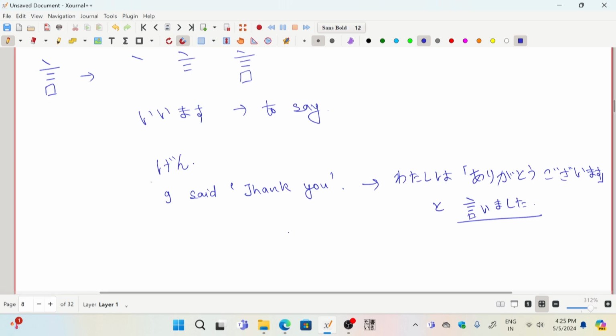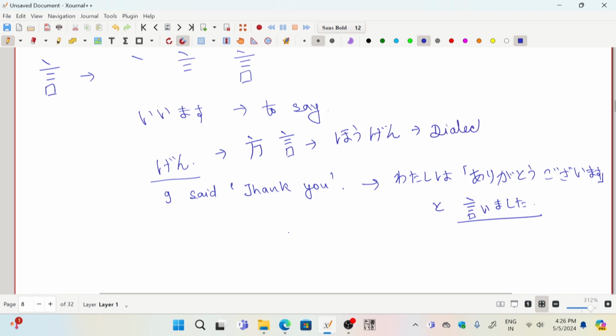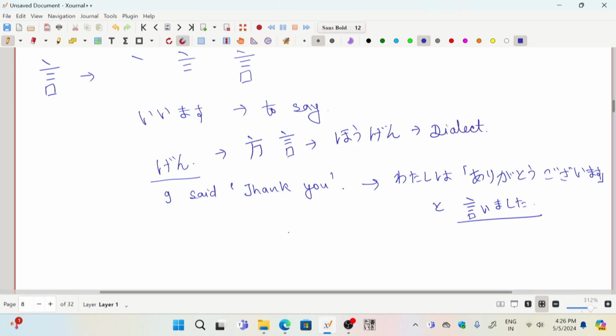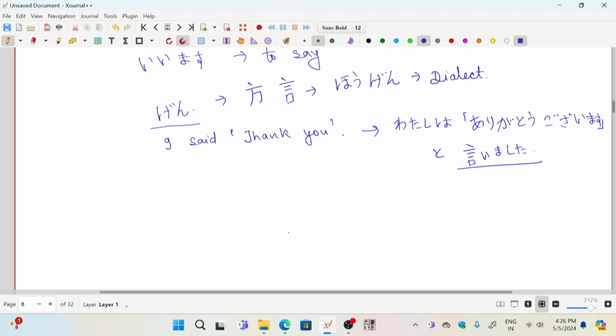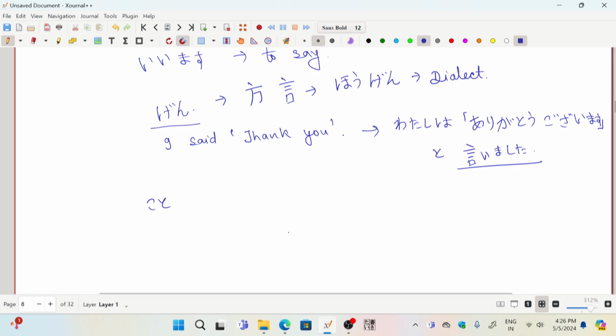Another reading is again, as I said, it is used for hogen. Hogen is dialect. Next reading is koto.